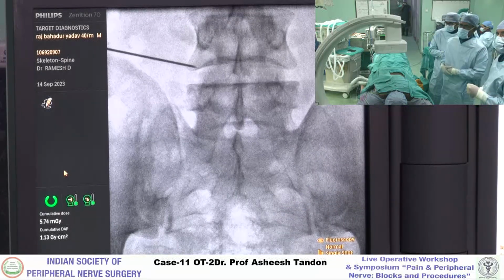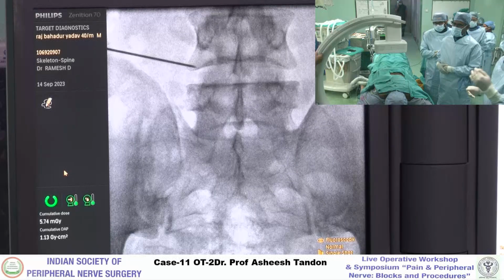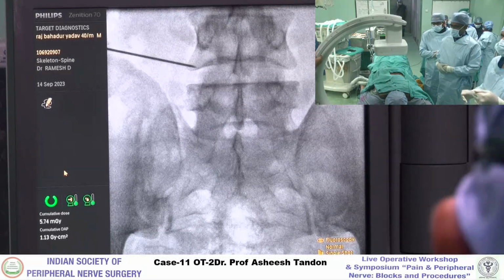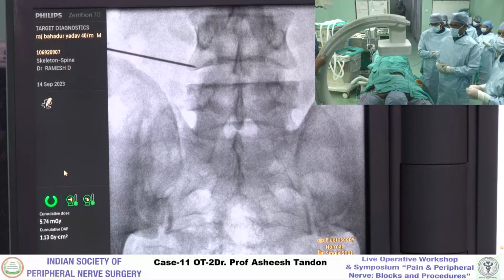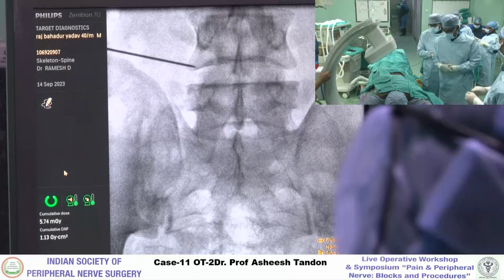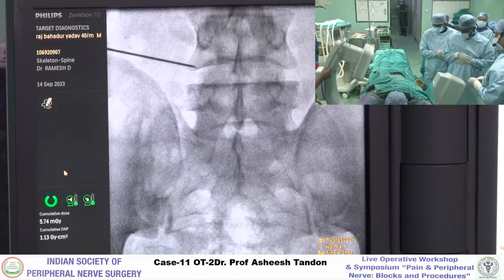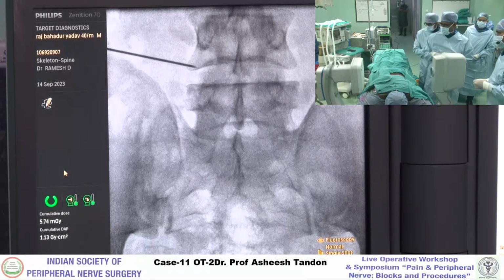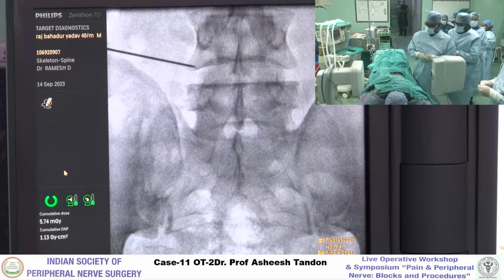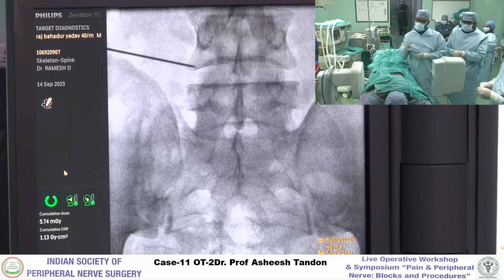So here, friends, the iliac crest was obstructing. We have just entered a little higher up. So you made a new entry point? Yeah, we made a new entry point. Okay, shoot please. Save this.